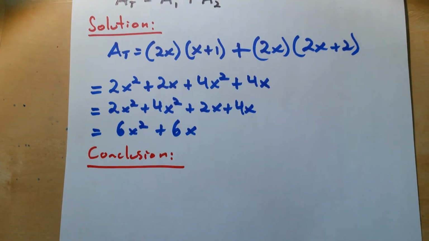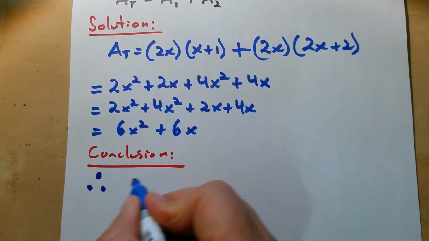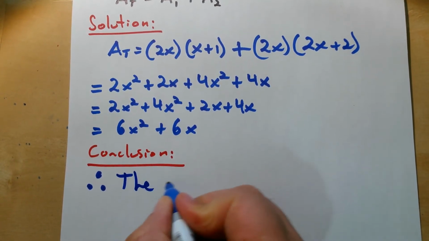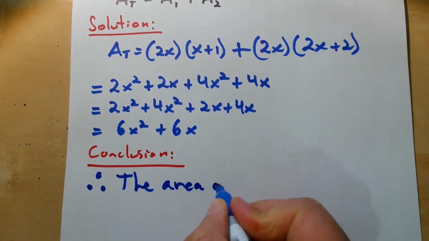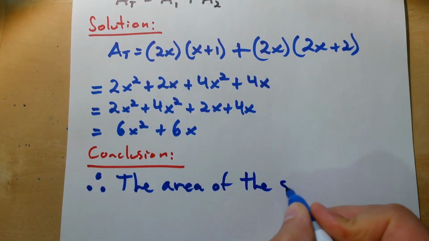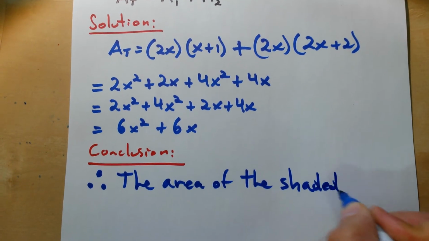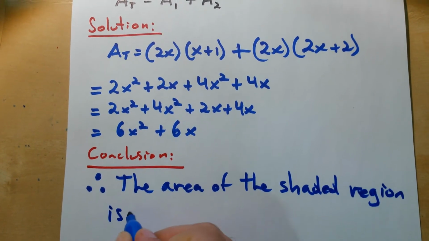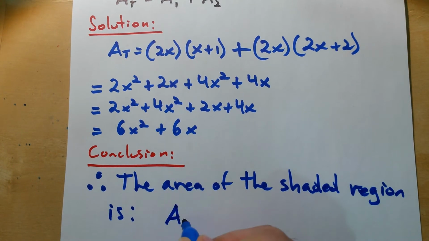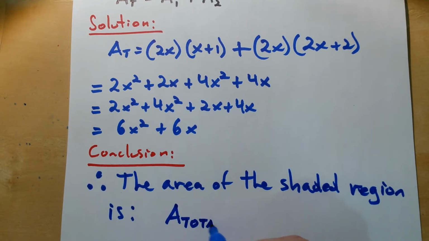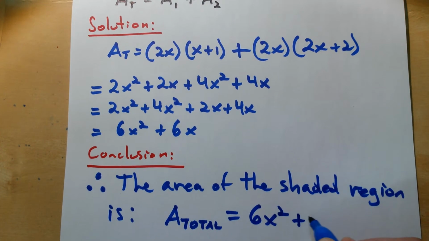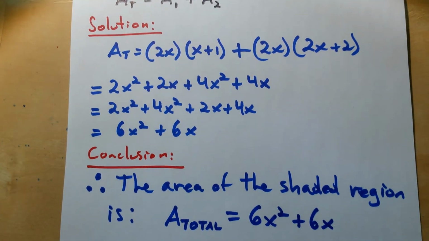Therefore, the area of the shaded region is, and you can say area total, or you can put shaded, whatever, equal to 6x squared plus 6x.